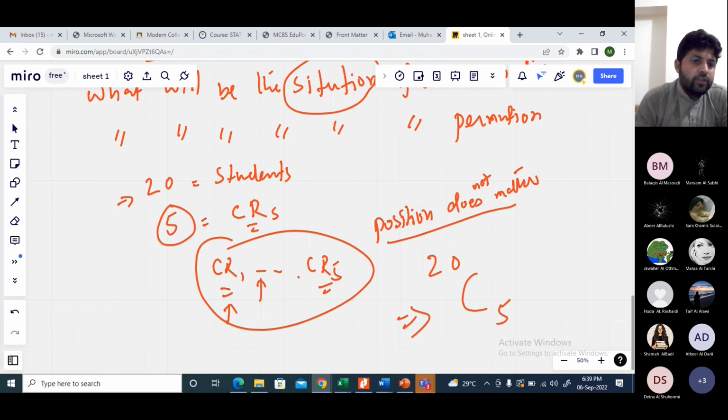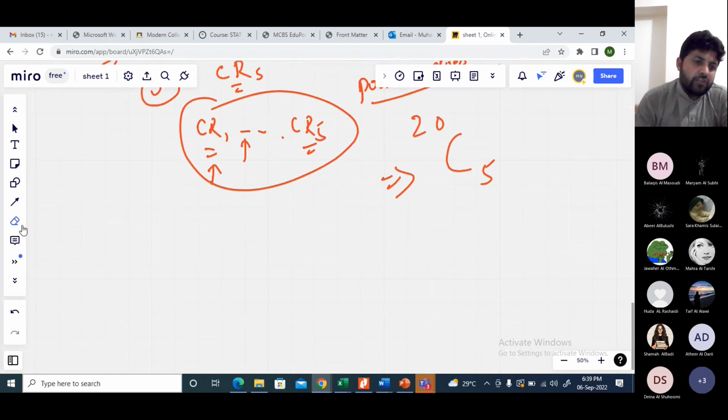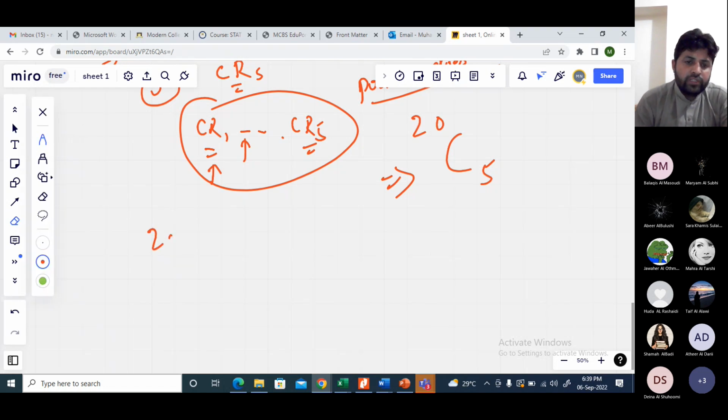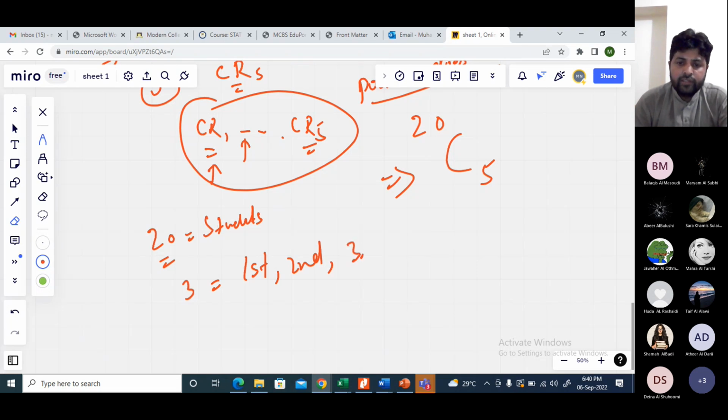But for example, if we have 20 students again, and we have to select 3 students for their ranking, in terms of their marks, maybe the first, the second, or the third, or you can say best, average, or worst.